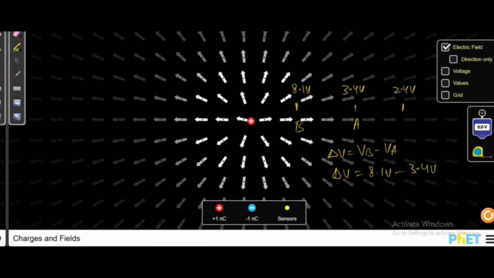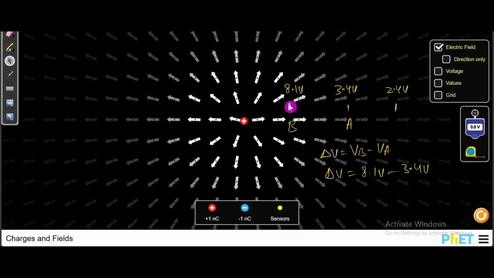So in this case, at a specific point, this is a fixed point from the positive charge, and this is also a fixed point, and this is also a fixed point. Then according to the definition, potential difference is actually the work done per unit charge.